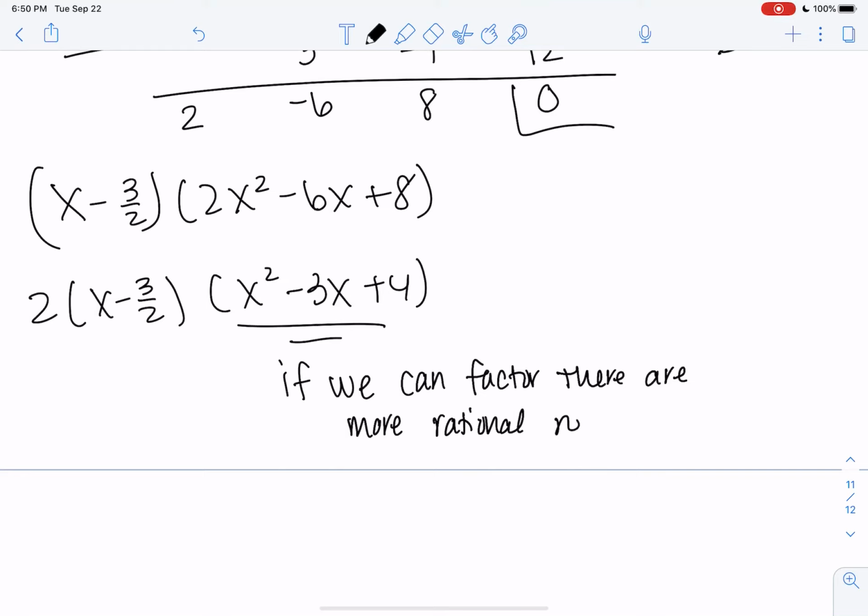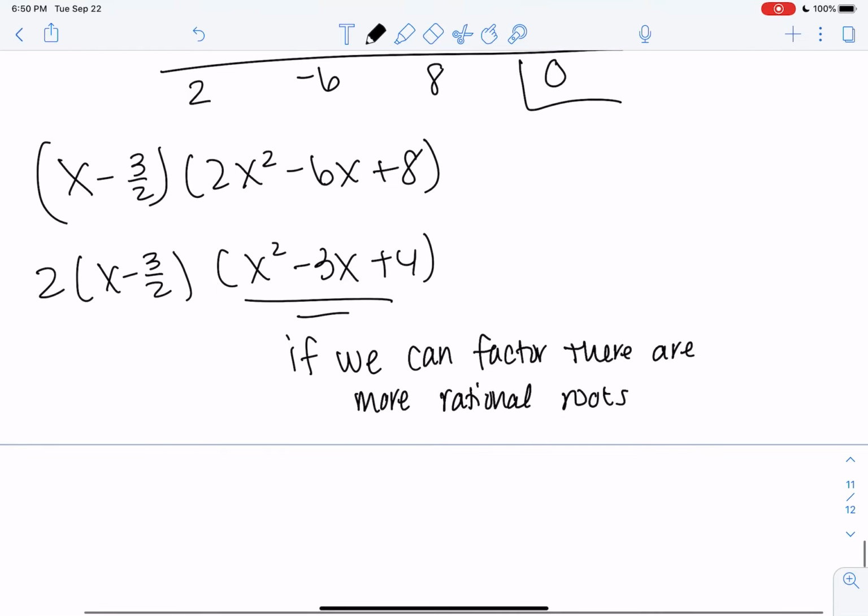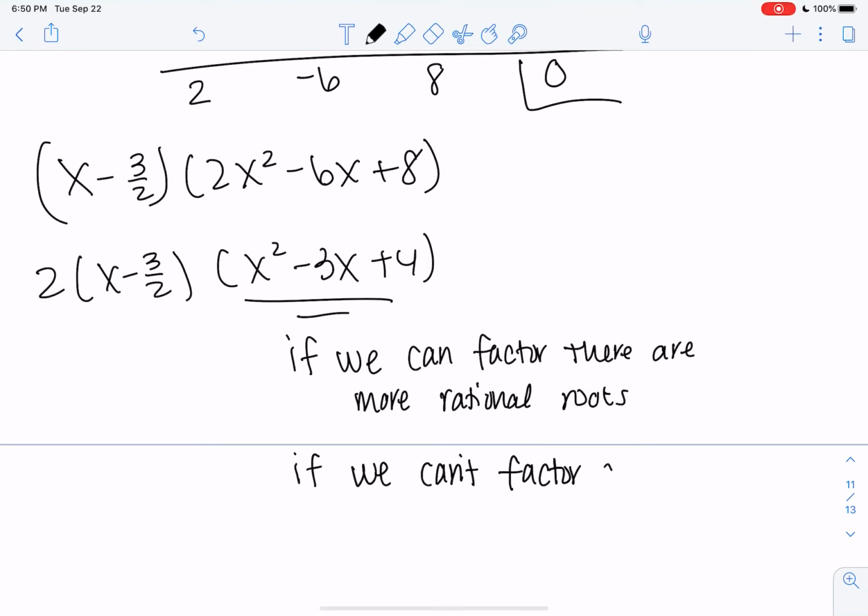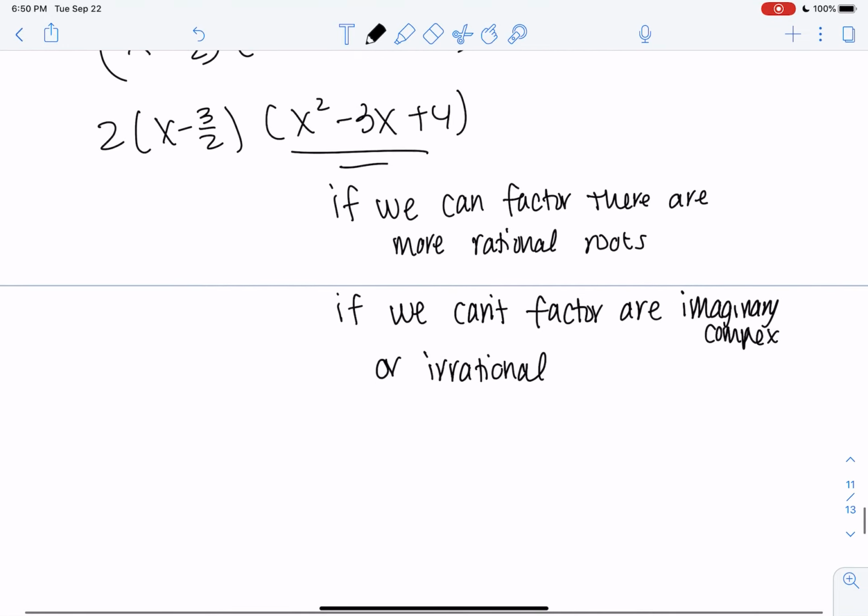If it doesn't factor, that means the remaining roots are imaginary. Or, well, I should say complex. Or they could be irrational, like a square root. So you can always do the quadratic formula if you need to, but you'll see that they're not irrational.